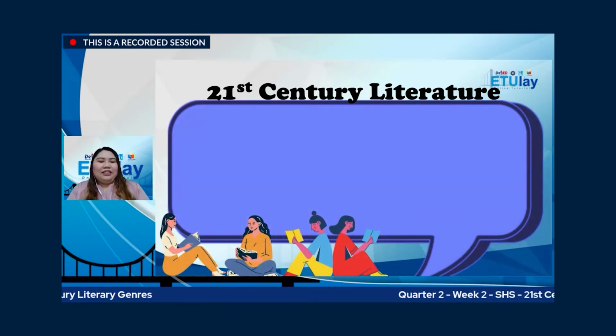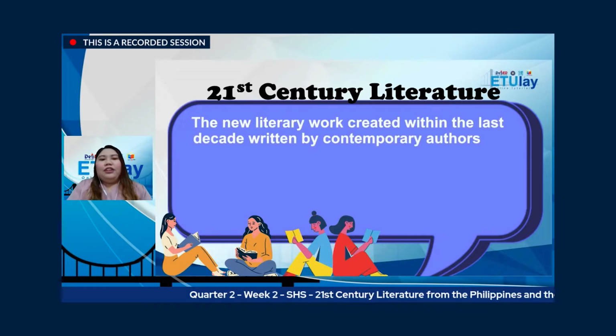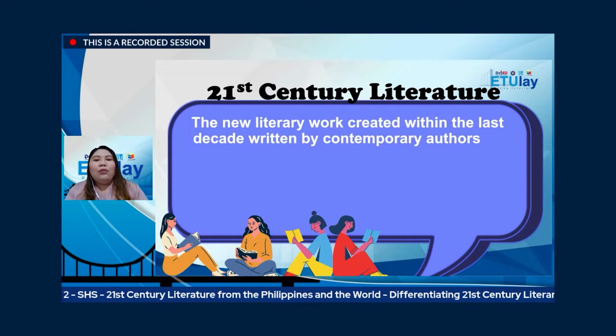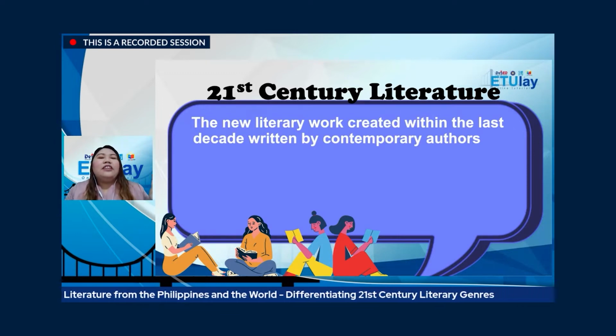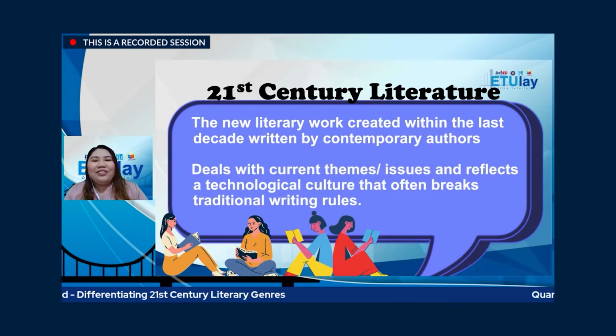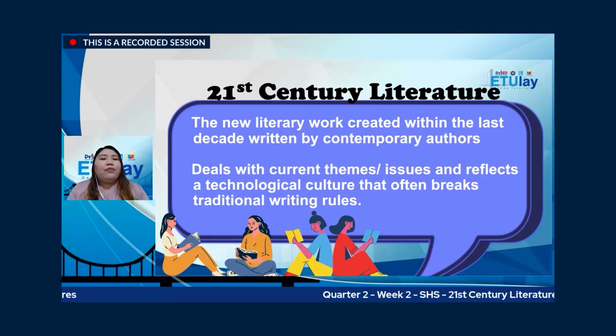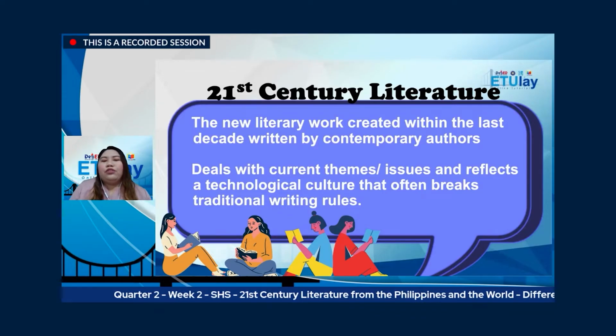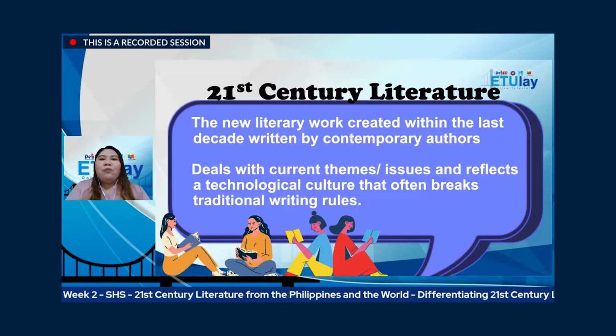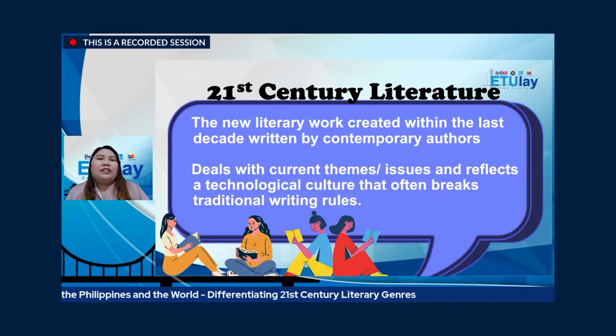21st century literature is a new literary work created within the last decade, written by so called contemporary or modern authors. It deals with current themes and issues that reflect a technological culture that often breaks traditional writing rules. In the past, poems had strict rhyming schemes.